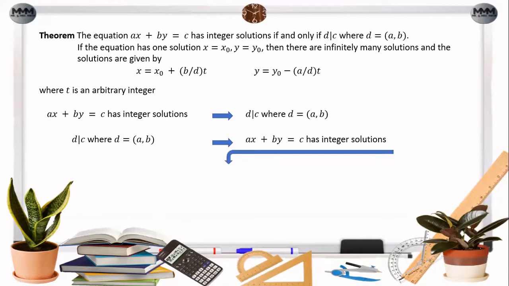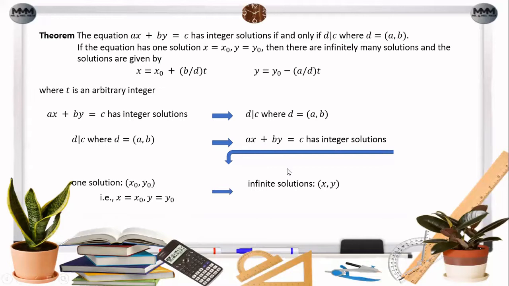Now take note here, if our linear Diophantine equation has integer solutions, say we have one solution, x sub 0, y sub 0, that is, x is equal to x sub 0 and y is equal to y sub 0, then we can say that our linear Diophantine equation has infinite solutions.